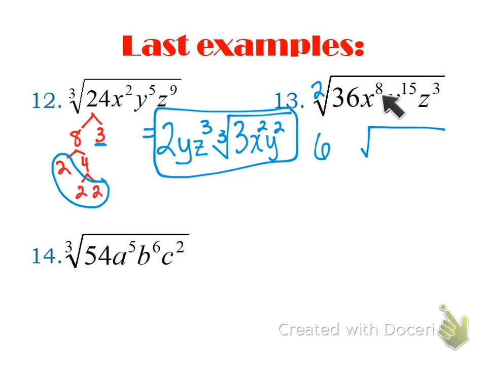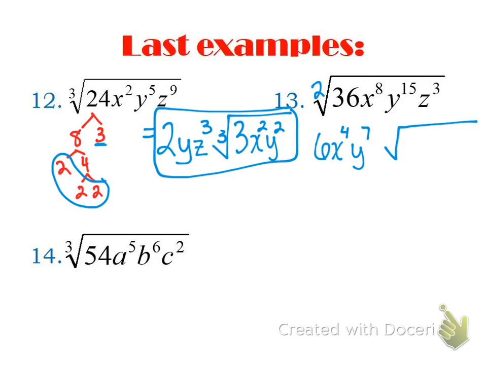X to the 8th makes how many groups of 2? 4 groups of 2. Anything left over? No. Okay, so we won't have any x's under that radical. Y to the 15th makes how many groups of 2? 7. So y to the 7th on the outside.